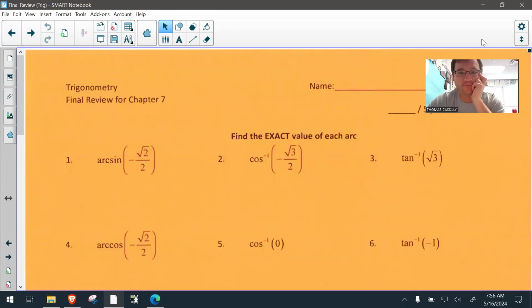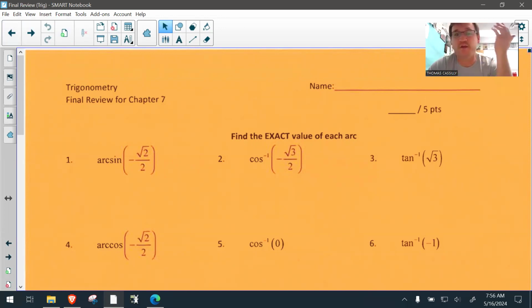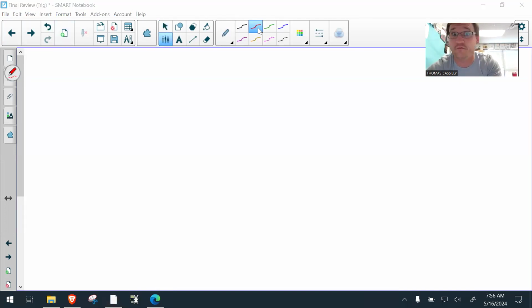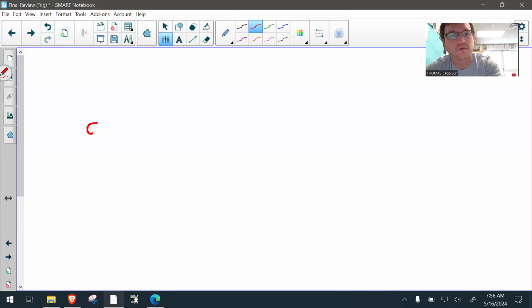All right. So these first ones we had arc sine, which remember was the same thing. So arc sine, one, it's the same thing as inverse sine. All right. So if you want to say arc sine or sine inverse, whatever you want to do, those mean the same thing.